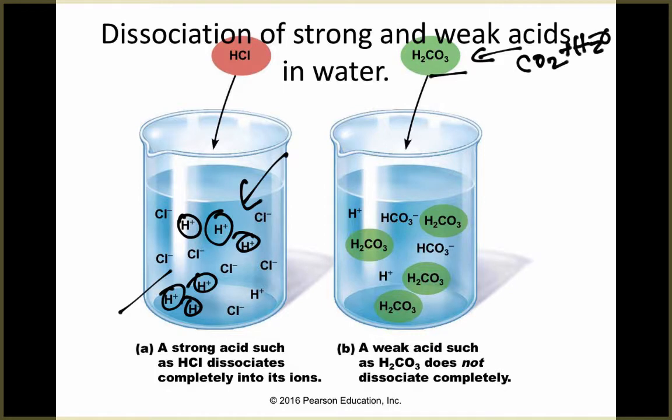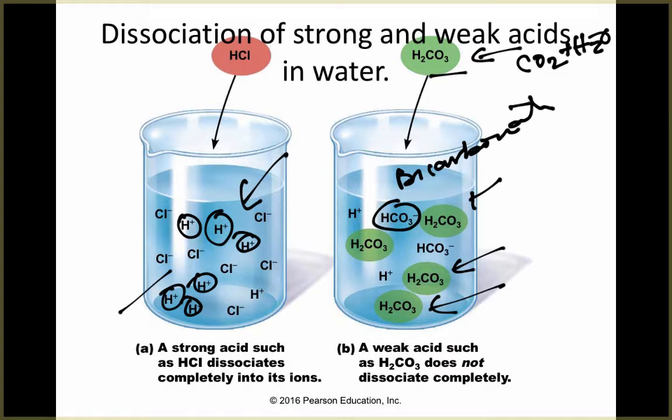So when you go down here, you're going to see a lot of them that are still complete, and then you see this, which is bicarbonate. And then this, which is hydrogen. And so weak acids and weak bases don't dissociate completely, which is going to make them a better buffer.